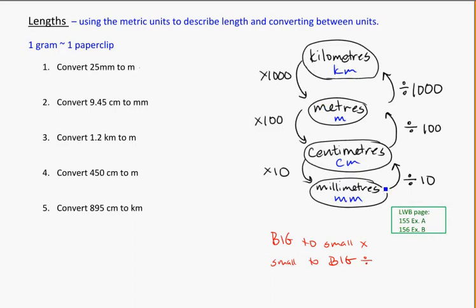So again, between milli and centi is 10, between centi and meter is 100, and between meter and kilometer is 1,000. And if you're going from small units to big units, you need to divide. So going up from small to big, you divide, and going down from big to small, you times, similar to last time.